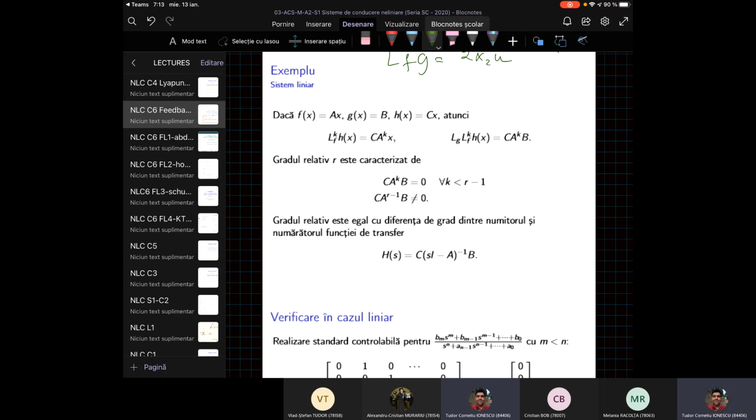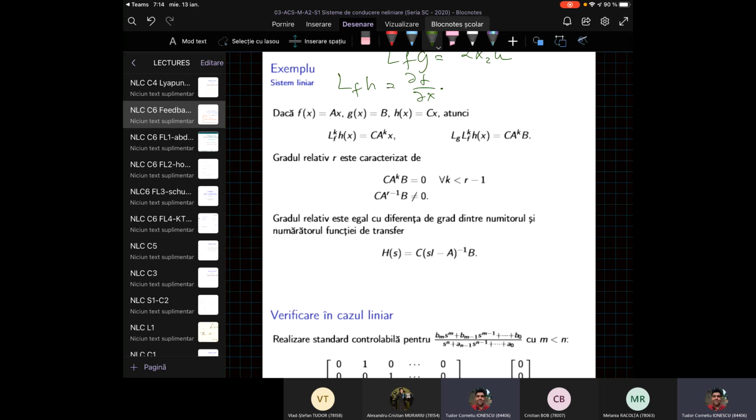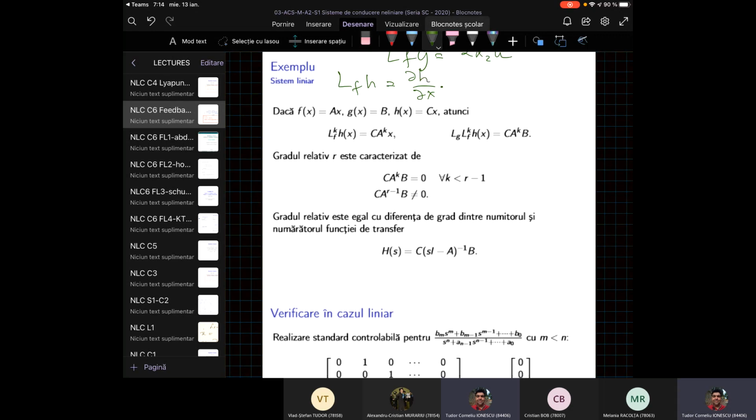Now, for linear systems, f(x) is Ax, g(x) is a constant matrix B, h(x) is Cx, a linear mapping. So LF^k h is CA^k. Why? Because LF h is dh/dx times f(x).